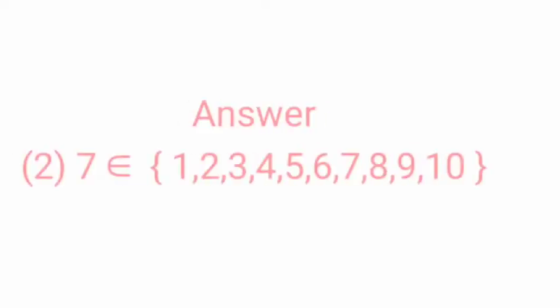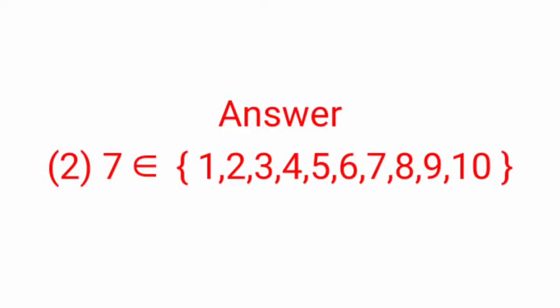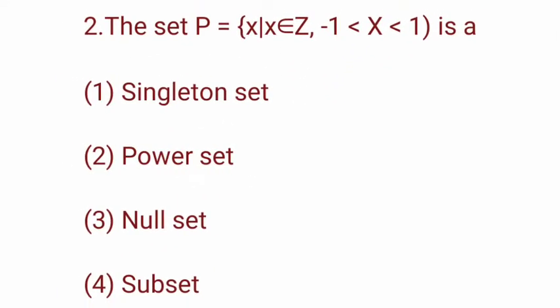Yes, the answer is option 2. 7 belongs to set of 1, 2, 3, 4, 5, 6, 7, 8, 9, 10, because 7 is an element of the set. Can you understand? Okay.